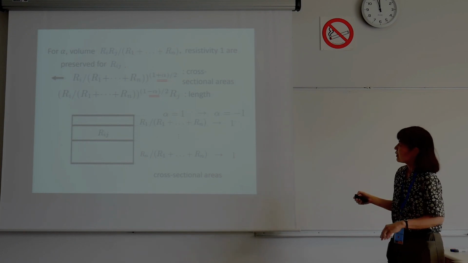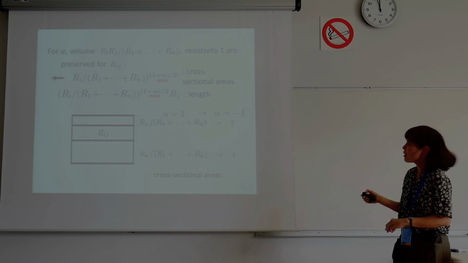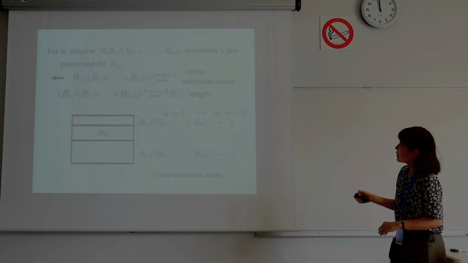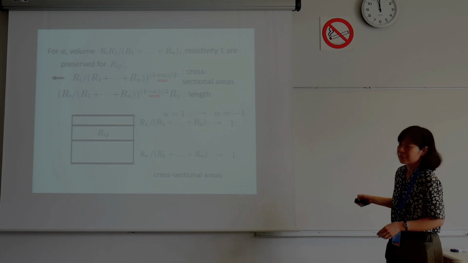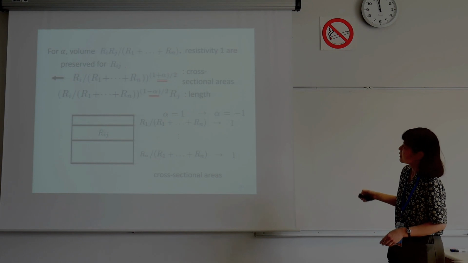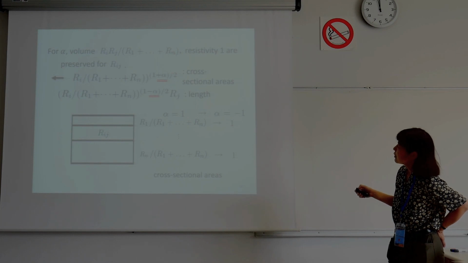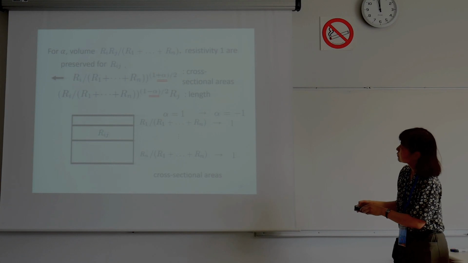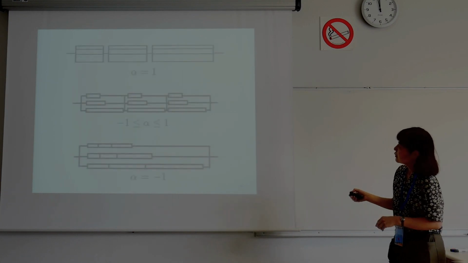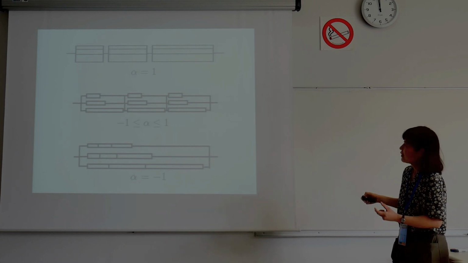And alpha is not always 1, and alpha is not always minus 1. Between 1 and minus 1, the resistance is defined like this. The cross-sectional areas and length are varied as this. And the cut resistances are connected like this.